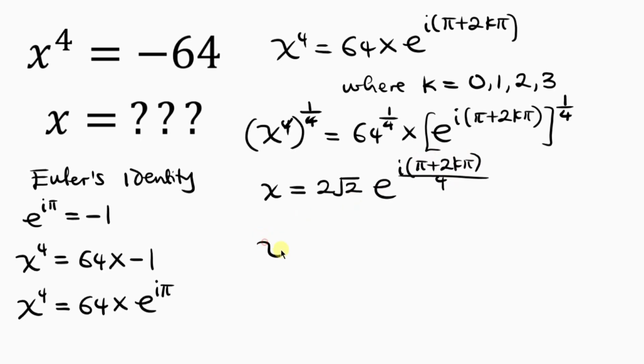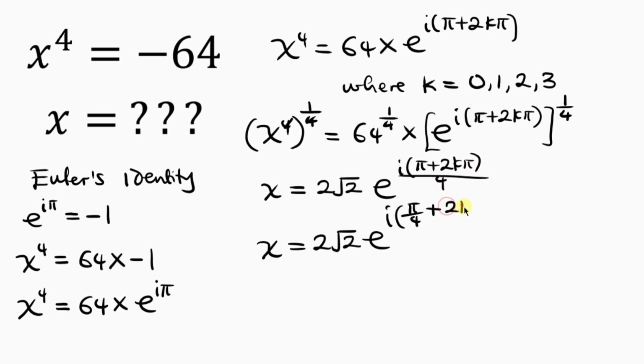So we have x equal to 2 root 2 times e to the i, now separating the fraction, pi over 4 plus 2k pi over 4.